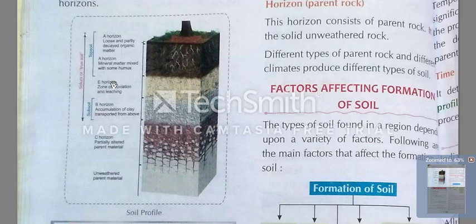These both will be here, and the remaining they call parent material and partially altered parent material. Here you can see the process starts from here and up to time it converts into soil.